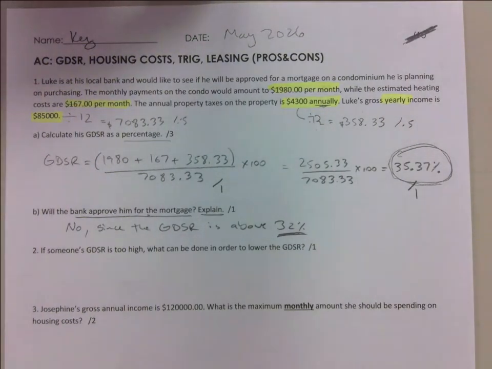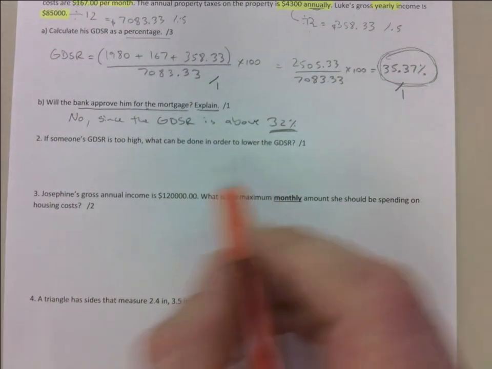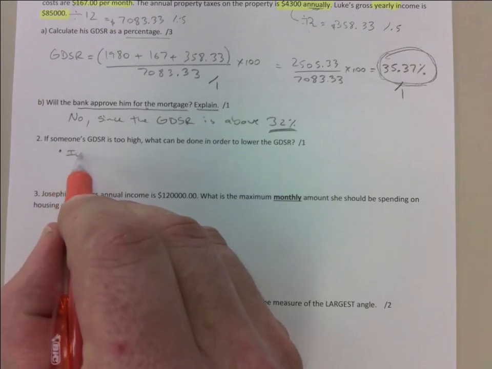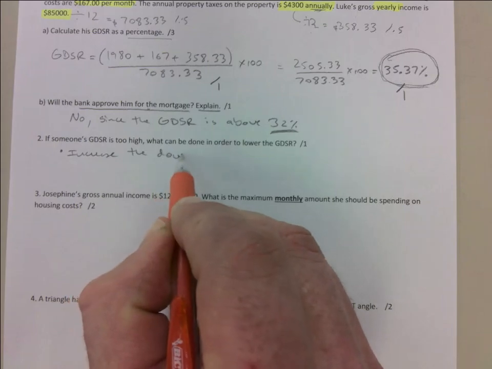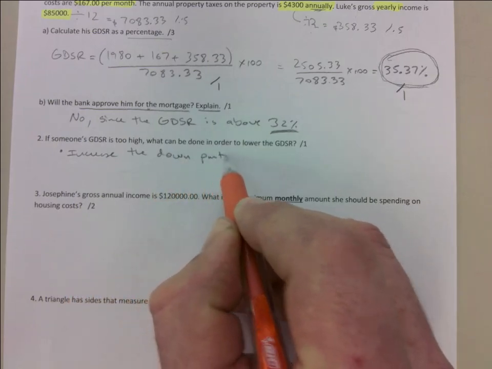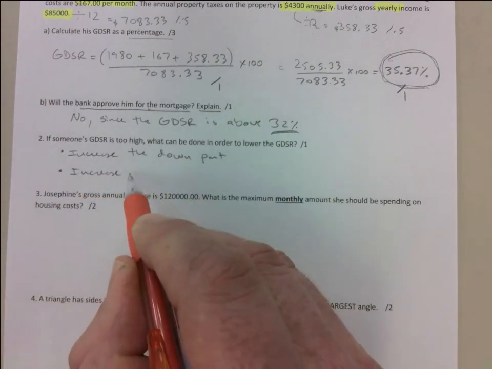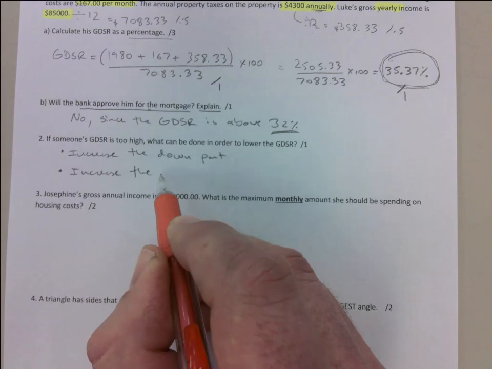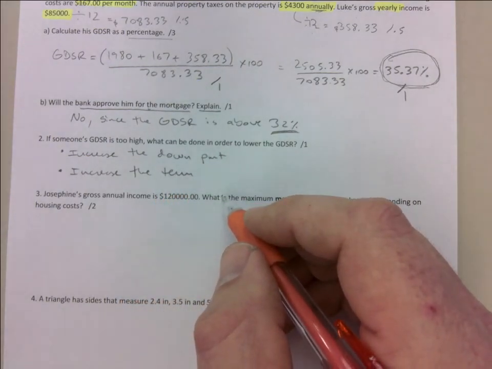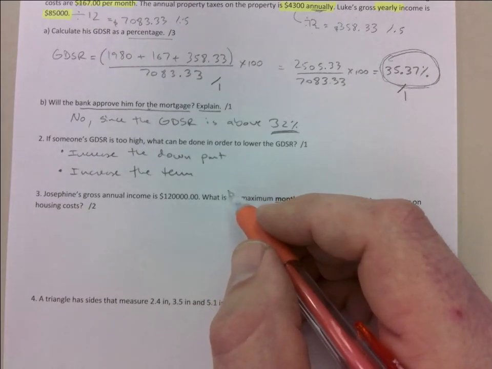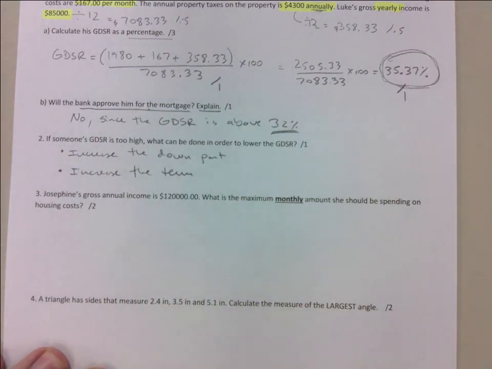If someone's GDSR is too high, what can be done to lower it? You can increase the down payment. You can increase the amortization, the term, and pay it off longer, because your payment goes smaller. If you say more years to pay off, your payments will go down, which will bring down your housing costs.